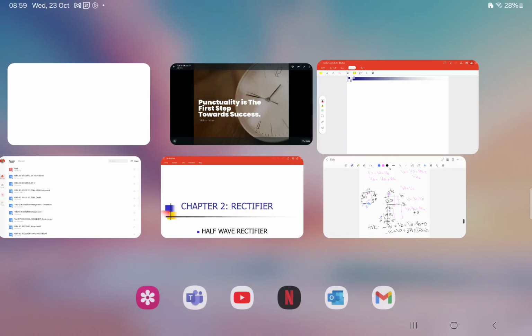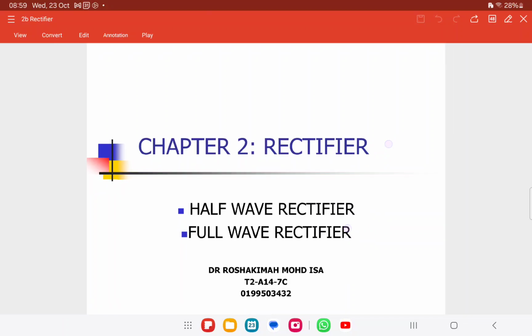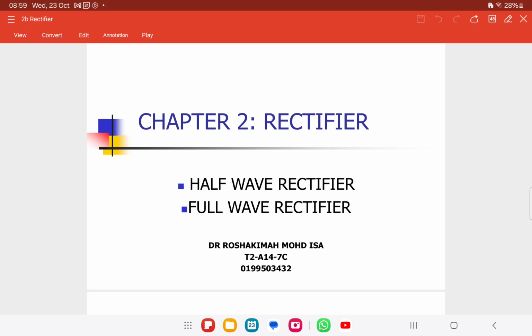Alright. So kita dah habis for 2A punya notes. Now we will go for 2B. For chapter 2 kita tak boleh nak bersenang-lenang seperti chapter 1, because chapter 2 we have 4 sets of notes. 2A, 2B. 2A is semiconductor and diode. 2B is for half wave rectifier, full wave rectifier. And 2C is for power supply. 2D for Zener diode.